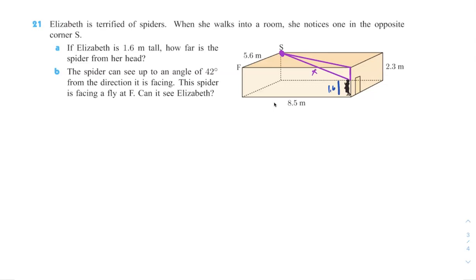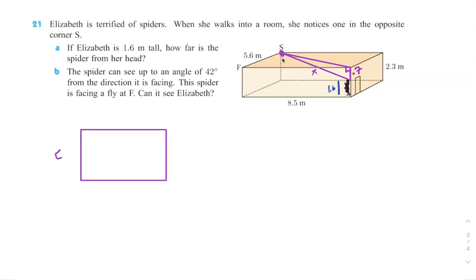Here's our right angle. Now this is 2.3, the whole height. We know she's 1.6, so we subtract: 2.3 minus 1.6 is 0.7. Now this diagonal here, we can figure out because we have two sides of a triangle. Look at the top face down.